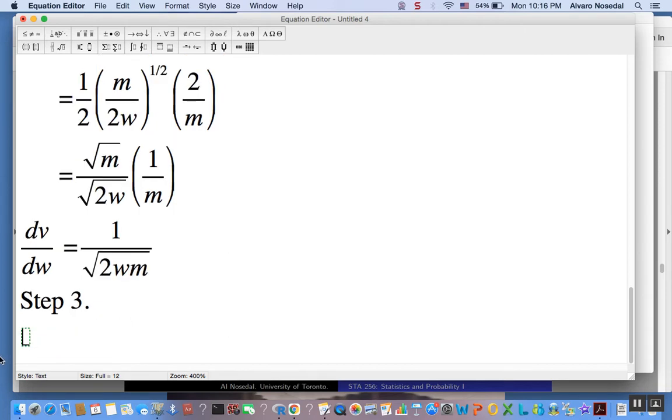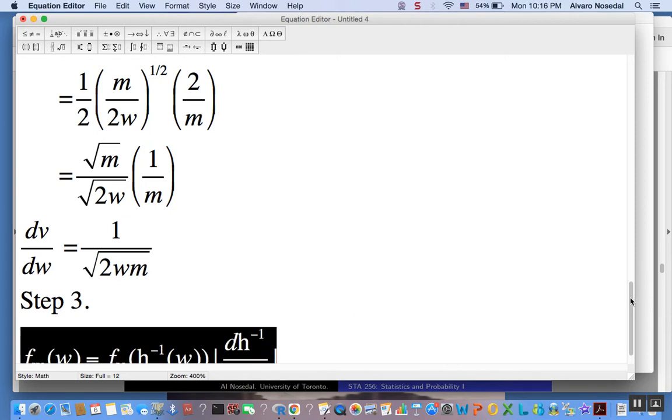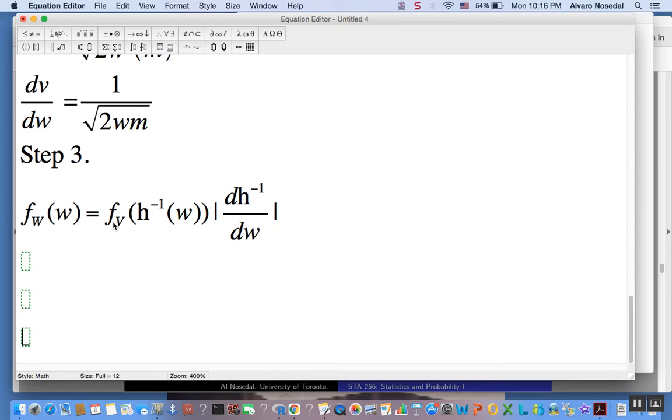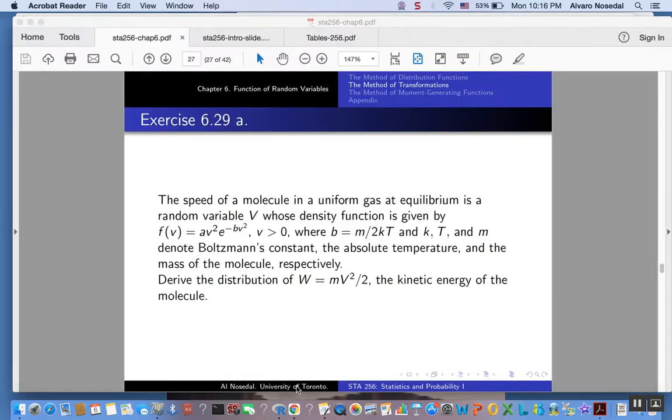So the PDF of our new random variable w will be given by evaluating the PDF of v at the inverse, and then times the derivative that we found here on step 2. Okay, here we go. So let me go back to our lecture notes here. So this is f evaluated at v, right?